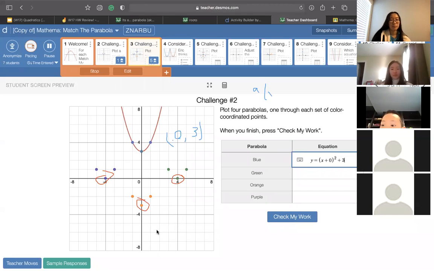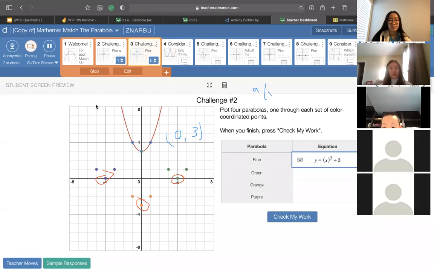I was testing things out and I matched the points, but it was x in parentheses x plus 3. So x and then parentheses x parentheses plus 3, like this? X squared plus 3.